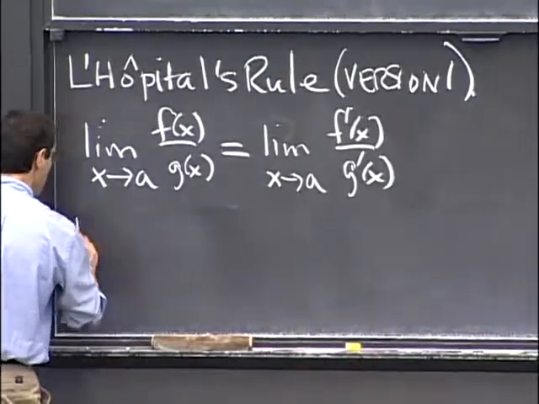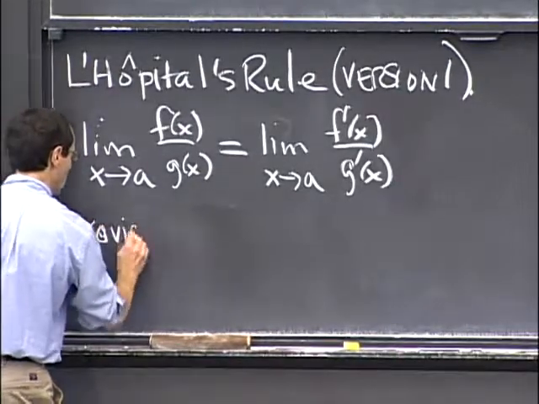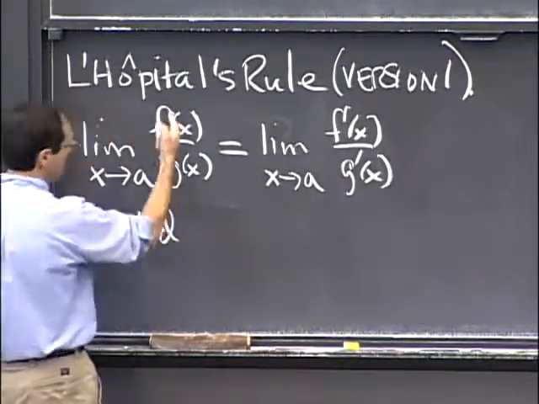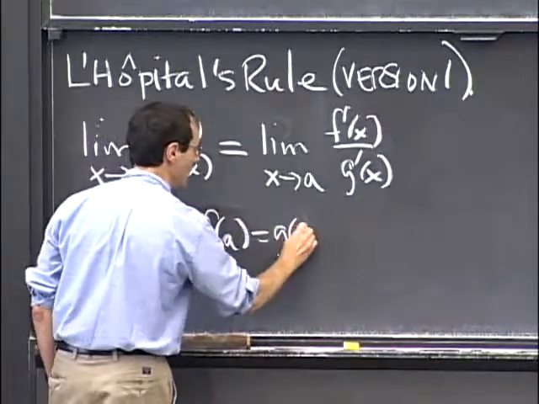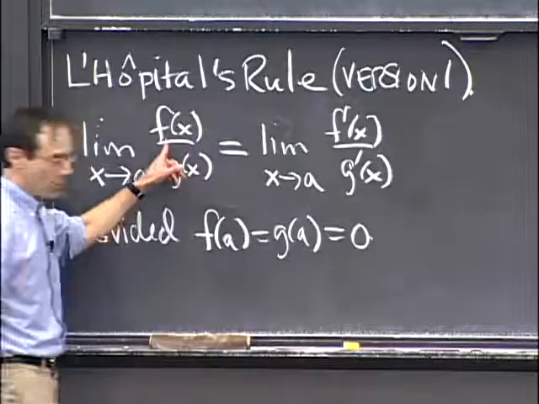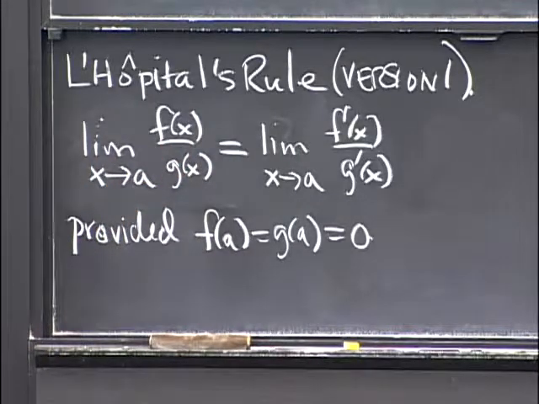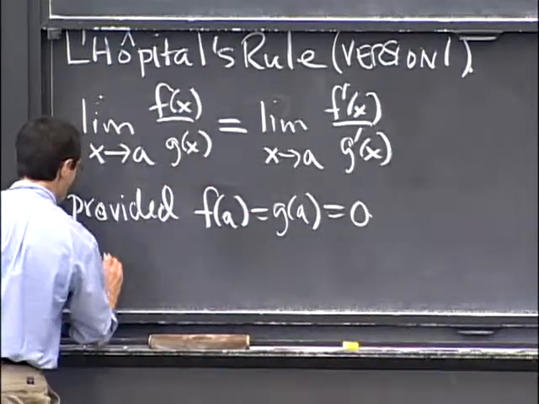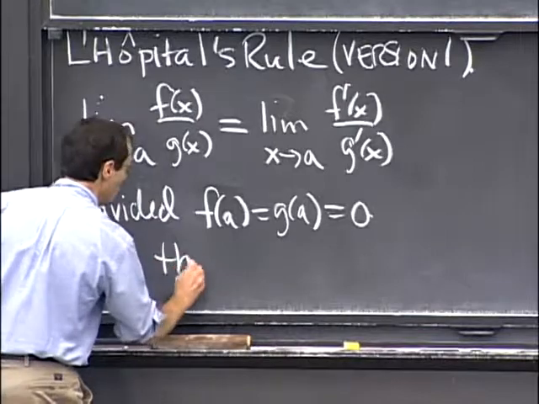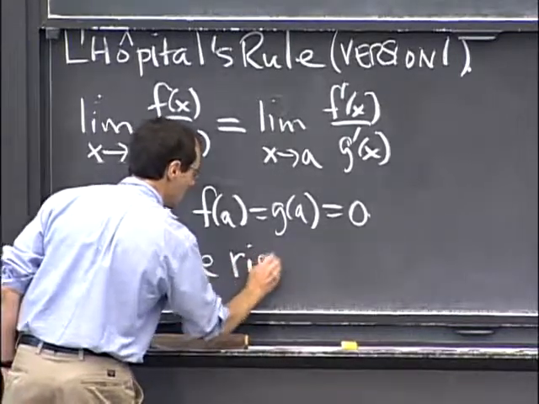So it works provided this is one of these undefined expressions. In other words, f of a is equal to g of a is equal to 0. So we have a 0 over 0 expression, indeterminate. And also we need one more assumption, and the right-hand side, the right-hand limit.